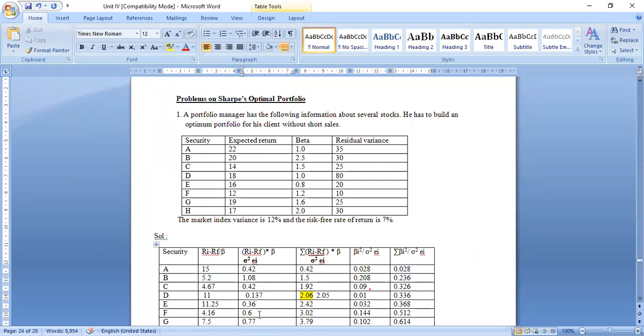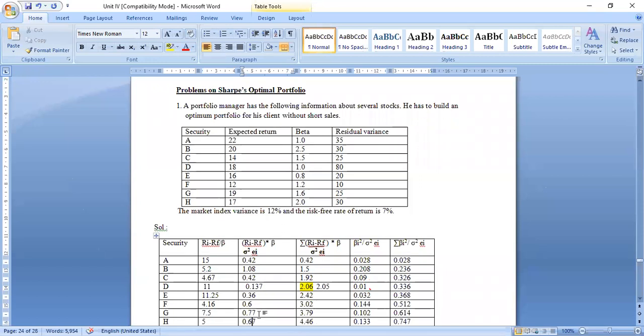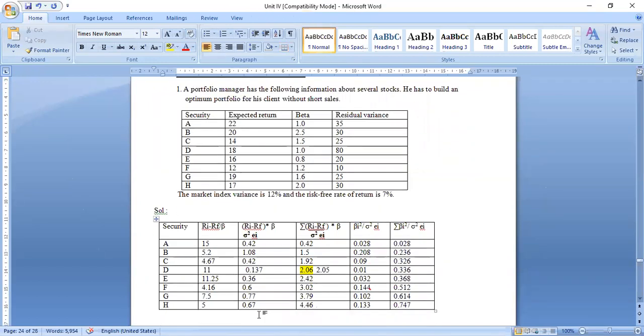Then for F, 12 minus 7. Residual variance is 10 into 1.2. That will give us a value of 0.6. Next for G, we have 19 minus 7 divided by 25 into beta is 1.6, that is 0.768. You can take it as 0.76 or 0.77.